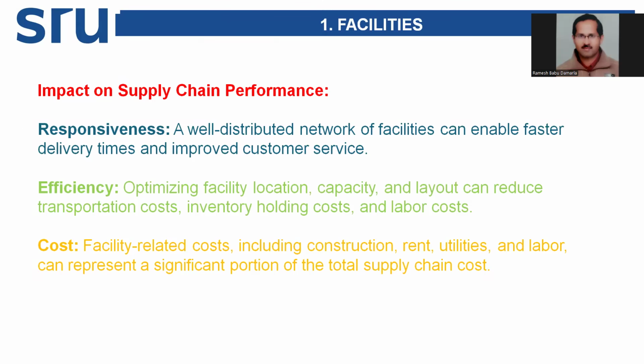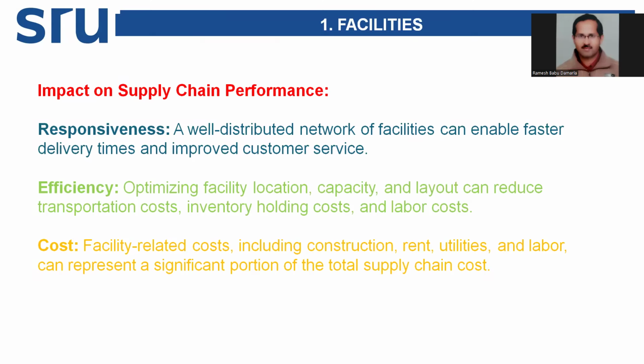Efficiency, another impact. Optimizing facility location, capacity, and layout can reduce transportation costs, inventory holding costs, and labor costs. So, deciding the layout of the facility, layout of the warehouse, and layout of the manufacturing facility or layout of the retail store also affects the inventory holding costs, labor costs, transportation costs, and overall supply chain costs.